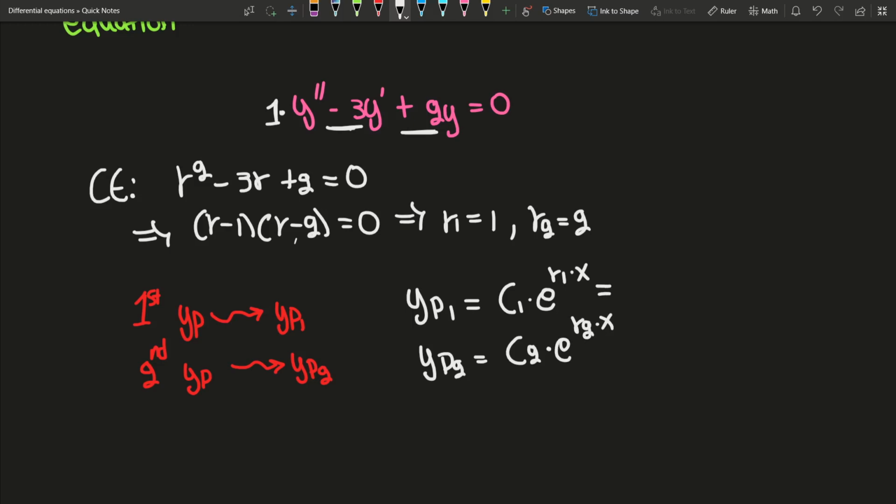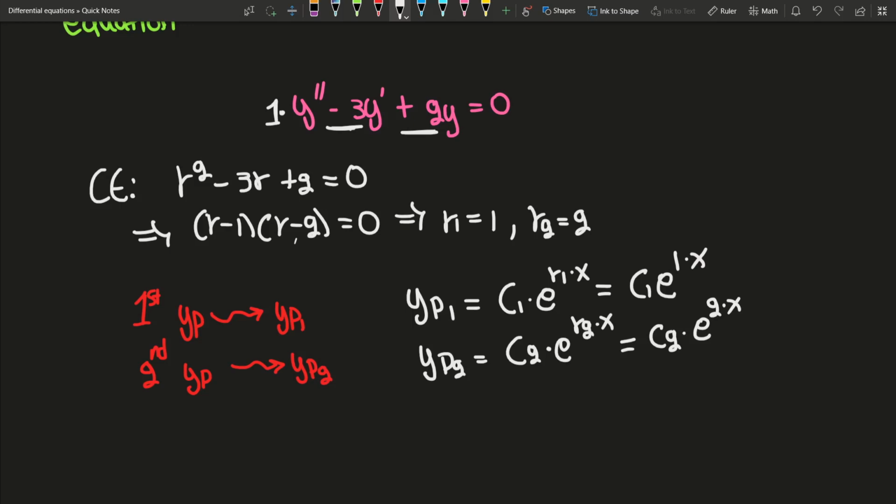Now we already know r1 and r2 for this equation from our characteristic equation, which is 1 times x and 2 times x.